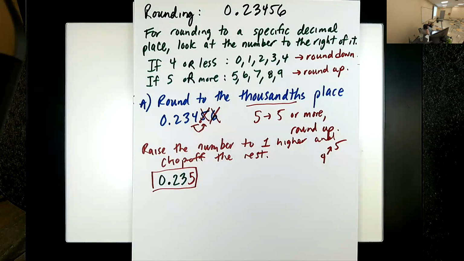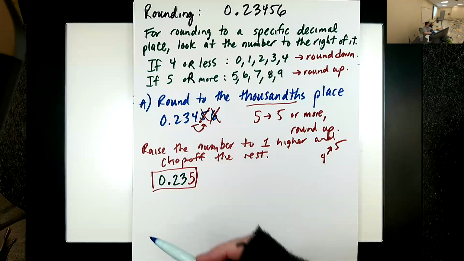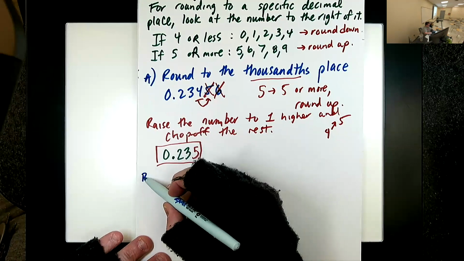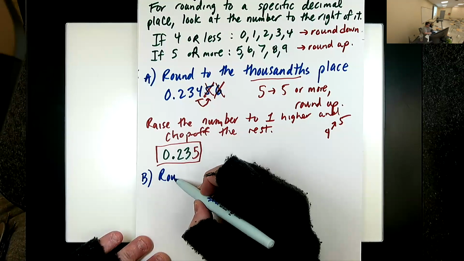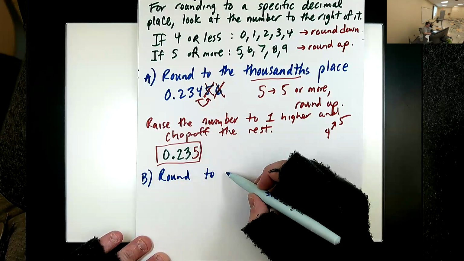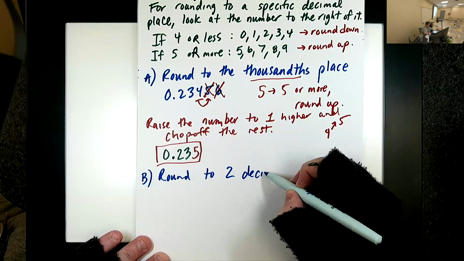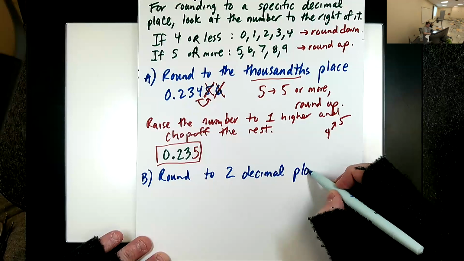This is one of the formats they will tell you how to round. They will tell you the decimal place, its place value, and they'll say round to that place. That is one of the 2 methods they show for rounding. The other thing they show you is they just tell you how many decimal places to round to. They will say round to 2 decimal places or a specific number of decimal places. We're going to do 2 decimal places right now.